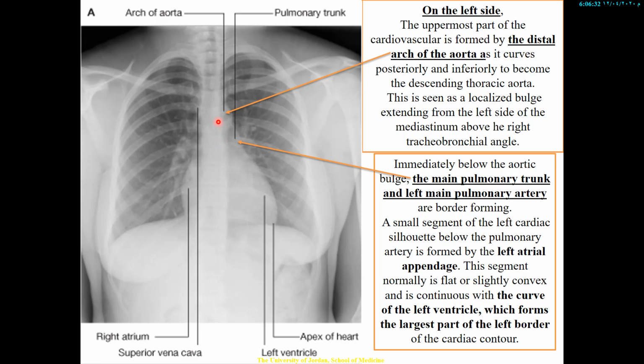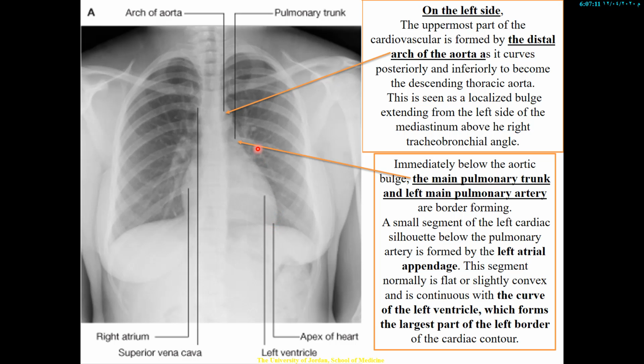Here it is obvious, and it is the most superior part of the left border of the heart, followed by this shadow here, which is the shadow of the pulmonary trunk and its left pulmonary branch, and then here you would see the left auricle, followed by, of course, the larger left ventricle, making most of the left border until we reach the apex of the heart.